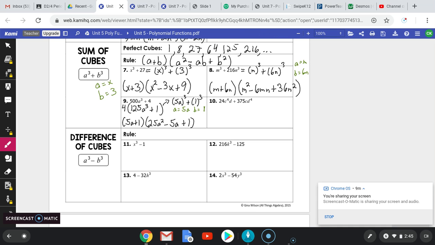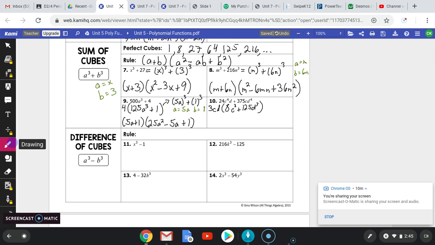Yeah, 3. So 3, now let's look at the variables. I can also factor out c, and I can factor out d. What's left over is 8c cubed plus 125d cubed.